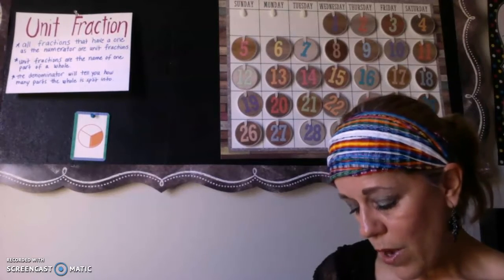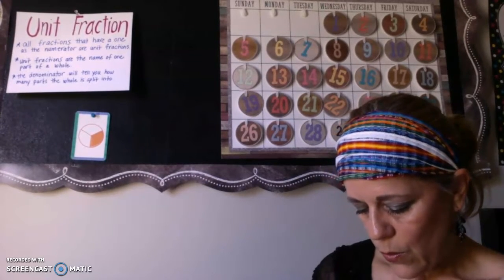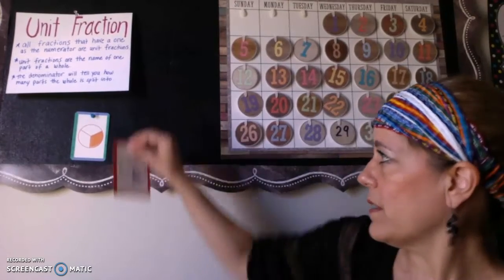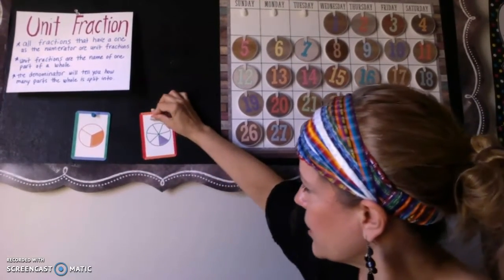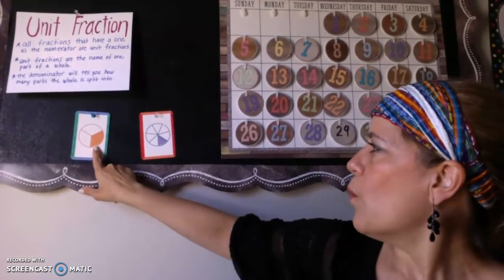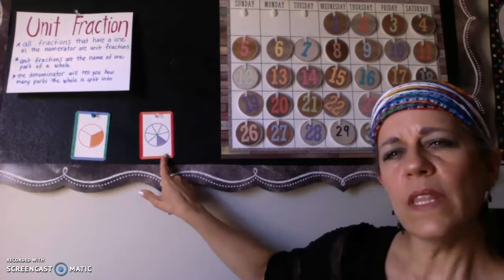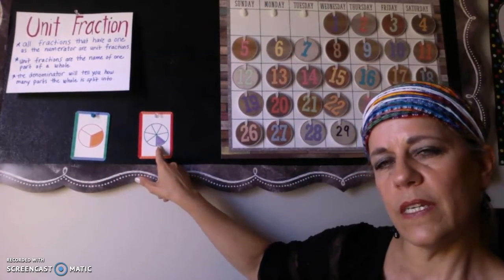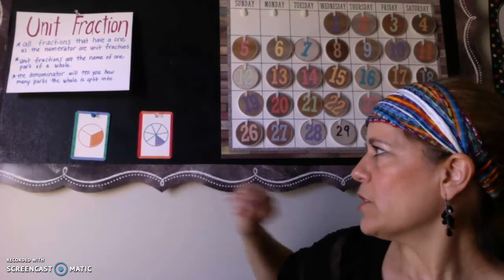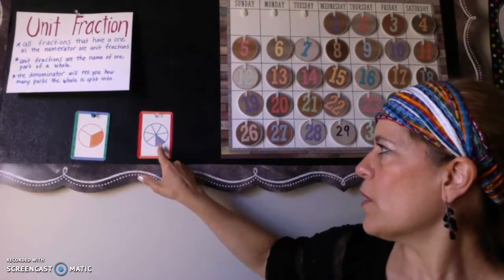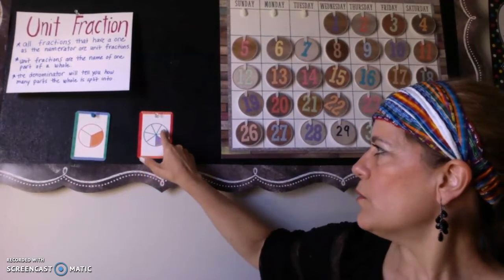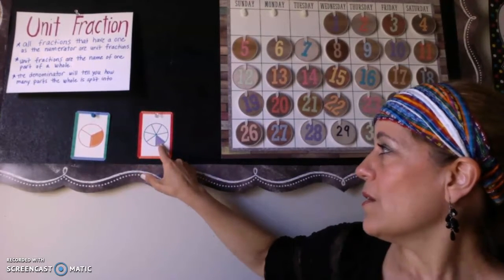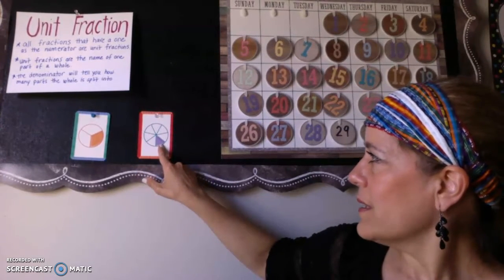Let's compare 1/3 with this one. Let's compare it with this unit fraction. 1/3, and what would this fraction be? What would the shaded part tell us this fraction would be? Well, let's count how many parts we have. 1, 2, 3, 4, 5, 6, 7. 1/7.